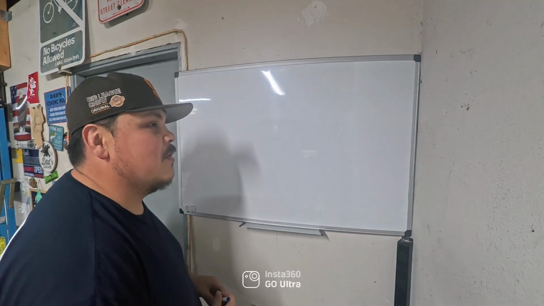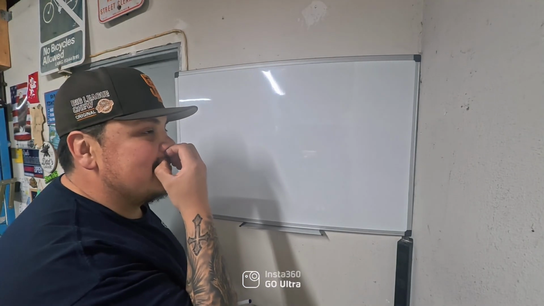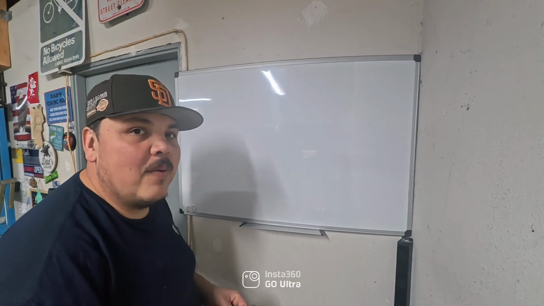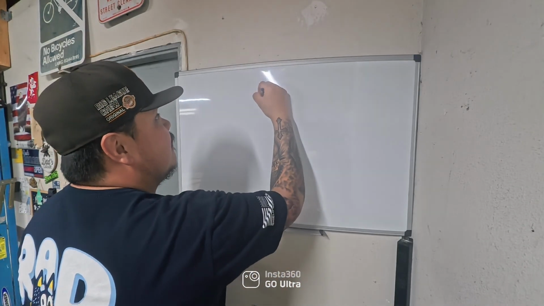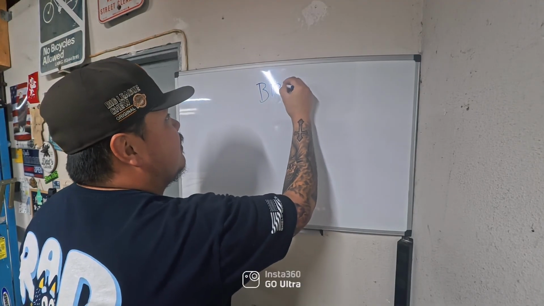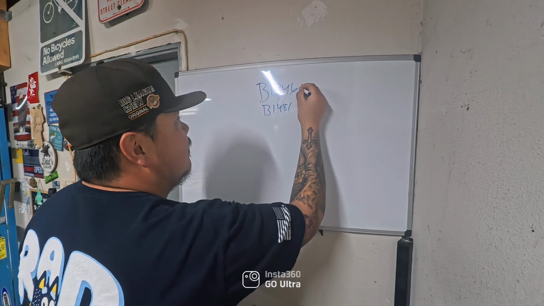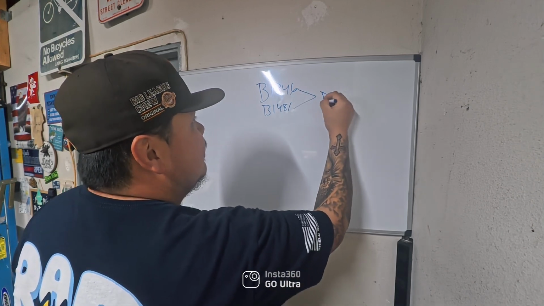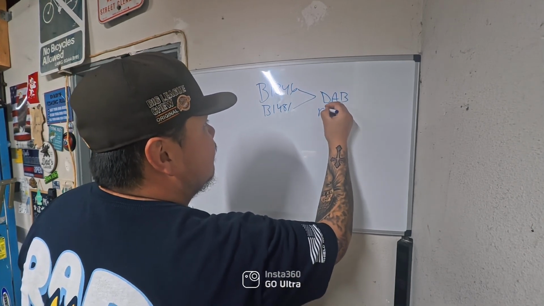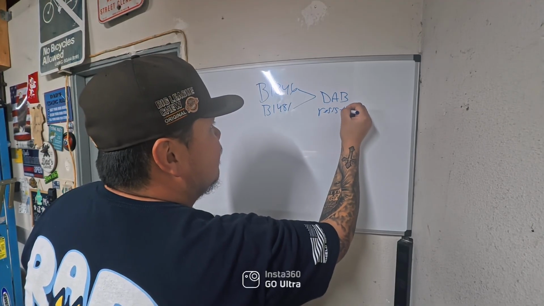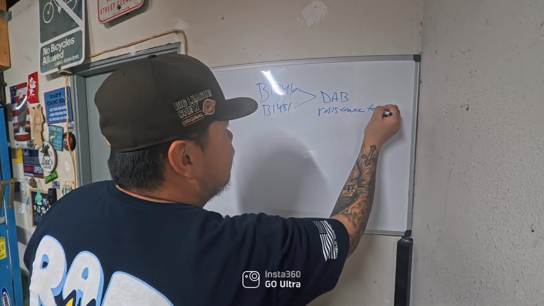The most common trouble code we have with airbag systems, and a lot of the Hyundais have a warranty extension. You're gonna have trouble code B1346 or B1481, which is a DAB resistance too high.